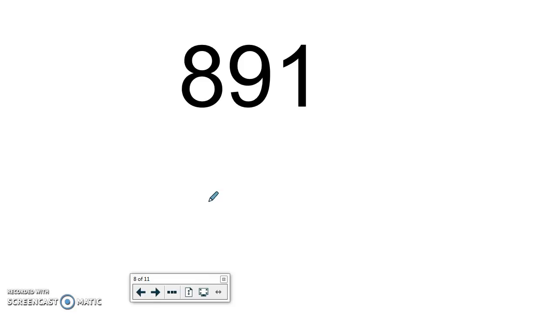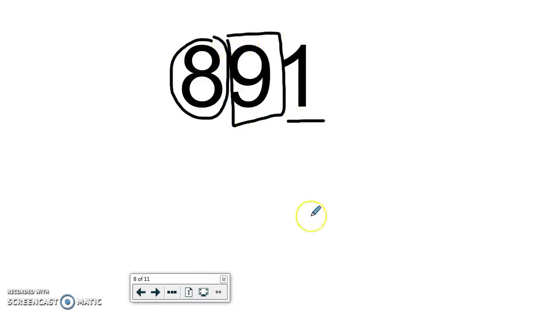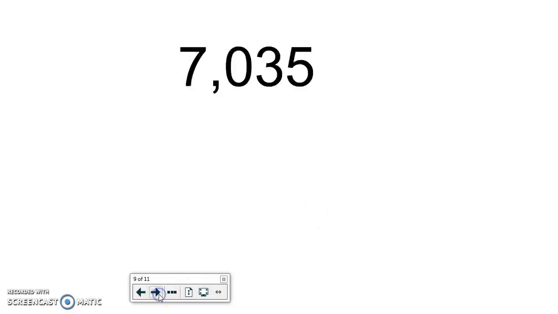And a square around the digit in the tens place. Pause the video if you need to. Circle around hundreds, line under ones, square around tens. All right, here's what it should look like. Circle, line, square.